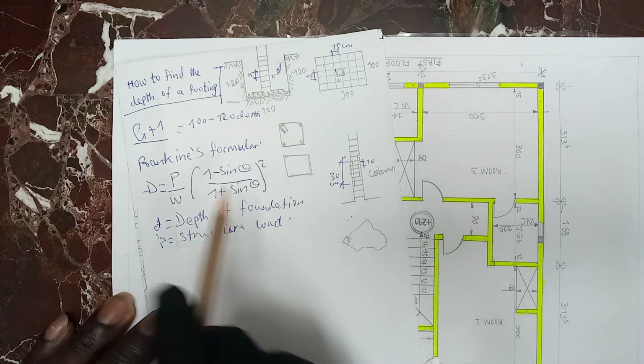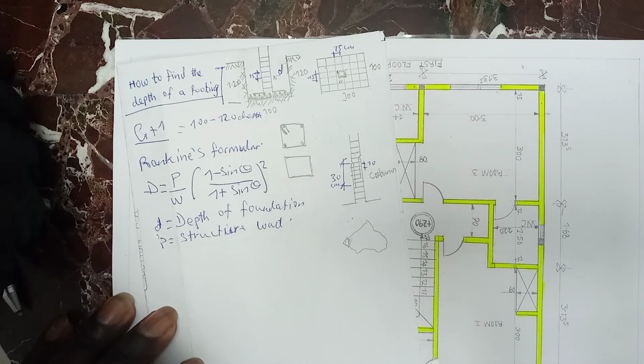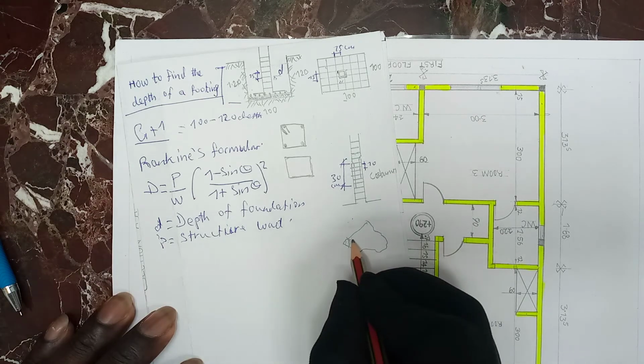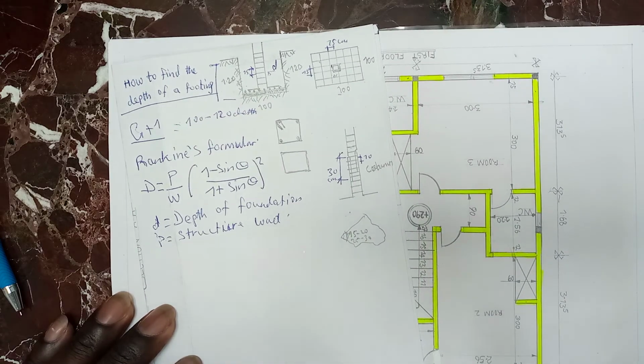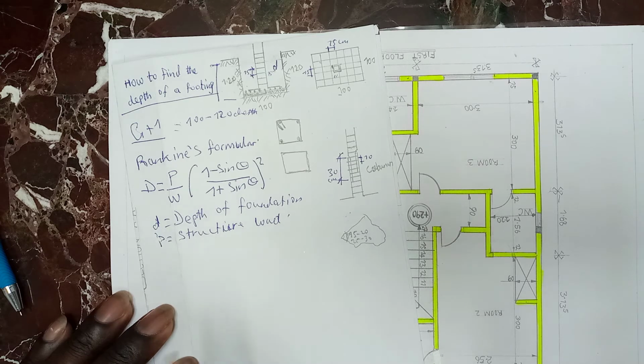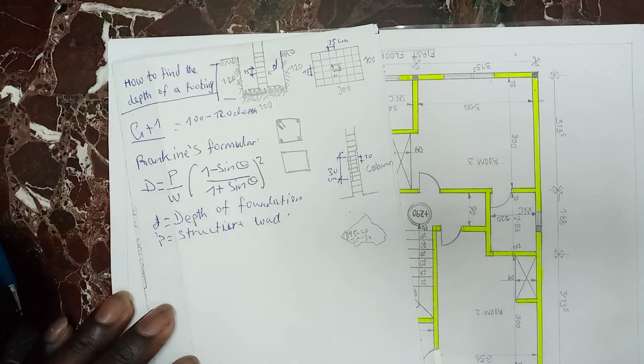The angle is always 15 to 20 or 25 to 30. But when they want you to use it, they must give you this angle. So this is the formula.